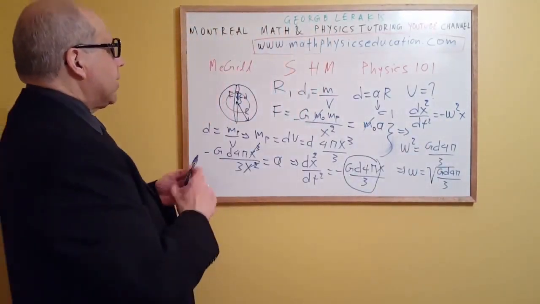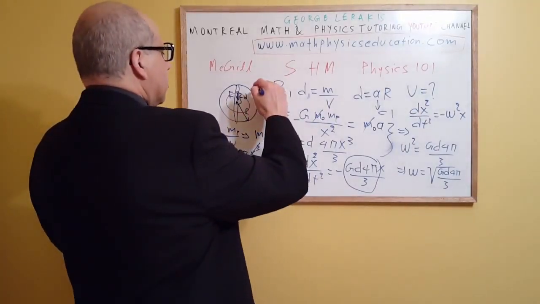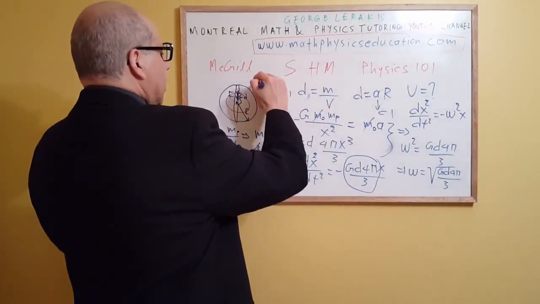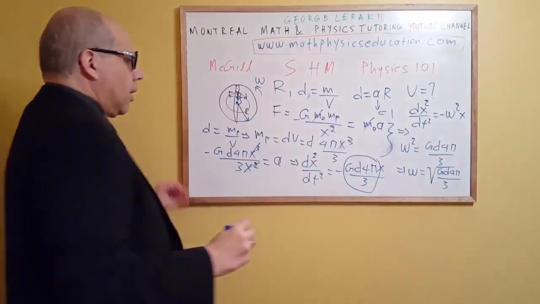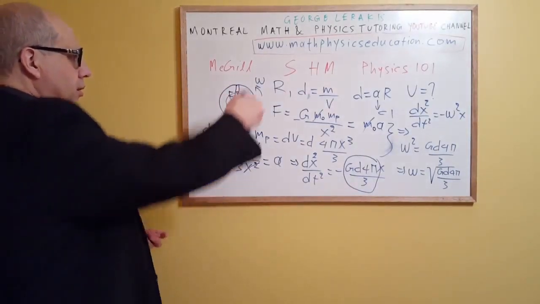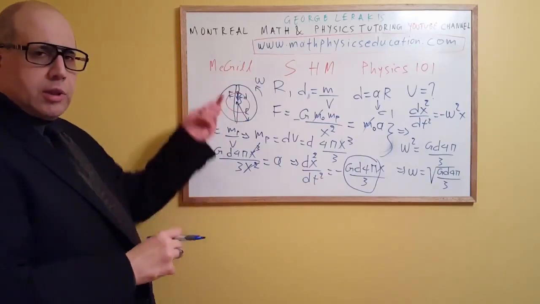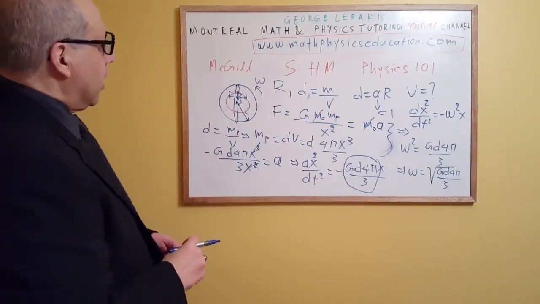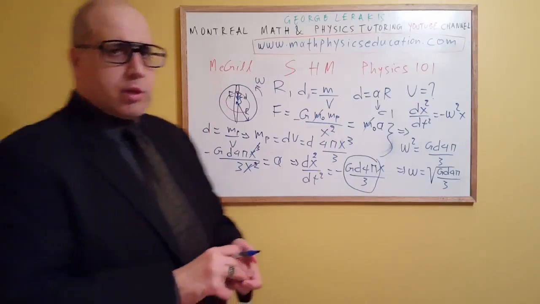So this omega should correspond to the angular velocity of the object that is moving around the planet.